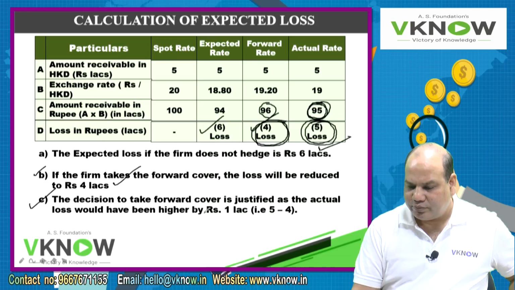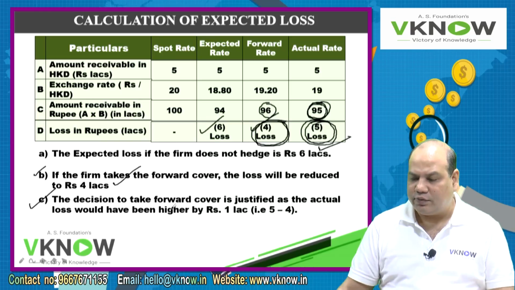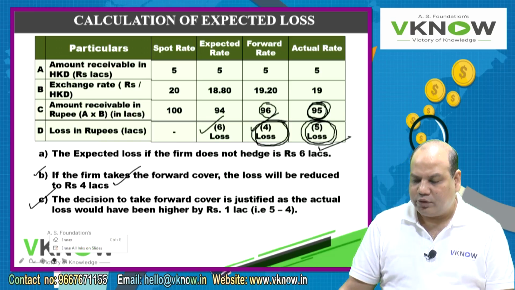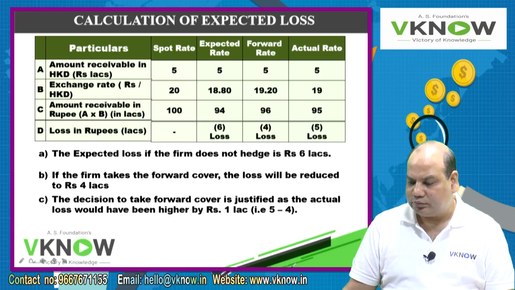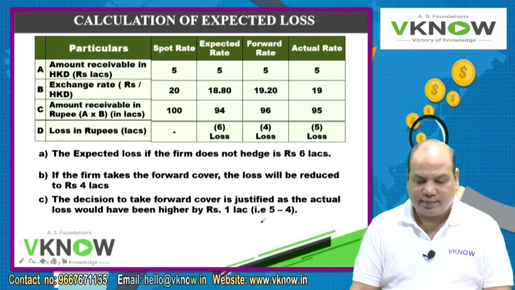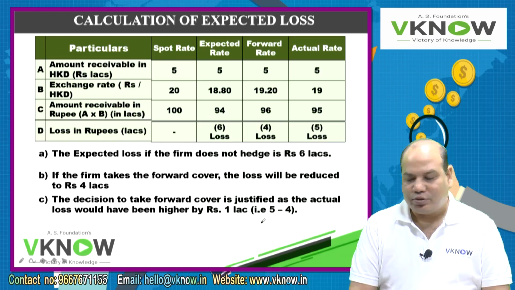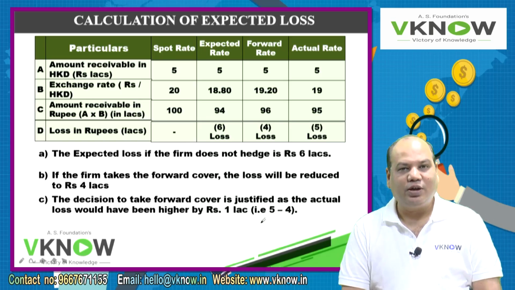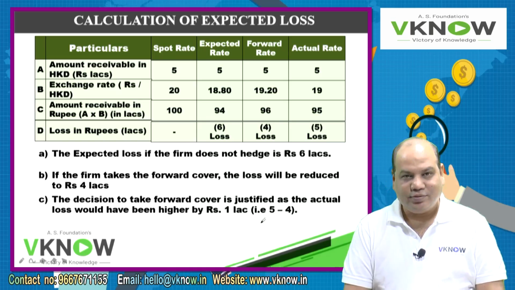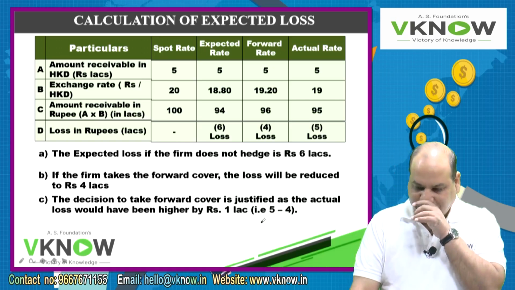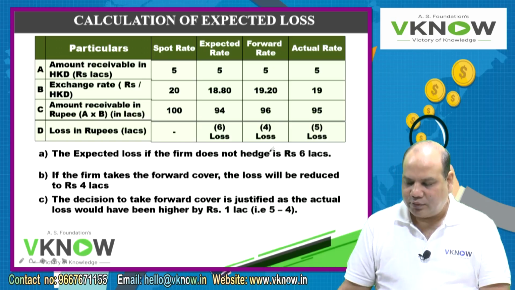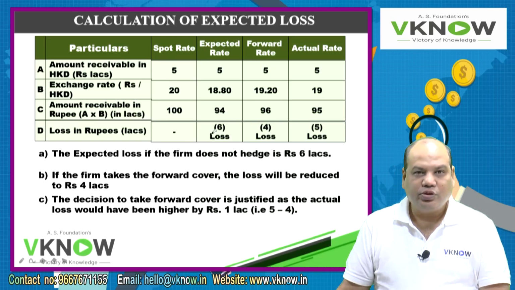So the answer is yes, the decision to take the forward cover is justified, as the actual loss could have been higher by rupees 1 lakh, that is 5 lakh minus 4 lakh. So this answer is over. Now we'll take a break.